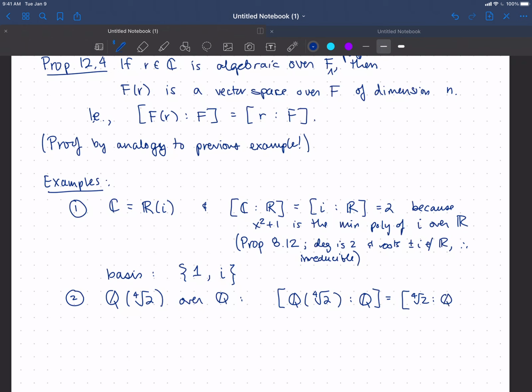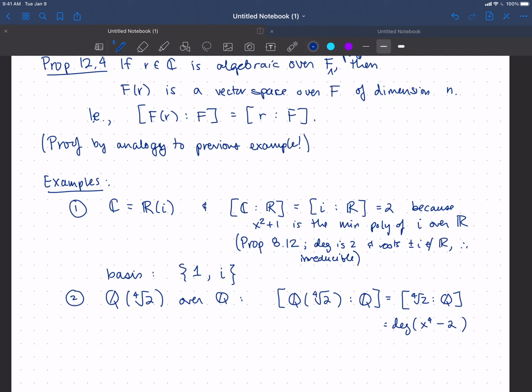And so I can look at the degree of its minimum polynomial. Well, we've got to figure out what the minimum polynomial is. I'm going to use Eisenstein's irreducibility criterion here. And my candidate is x to the fourth minus 2.